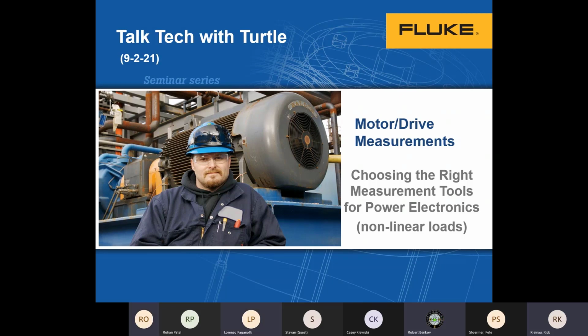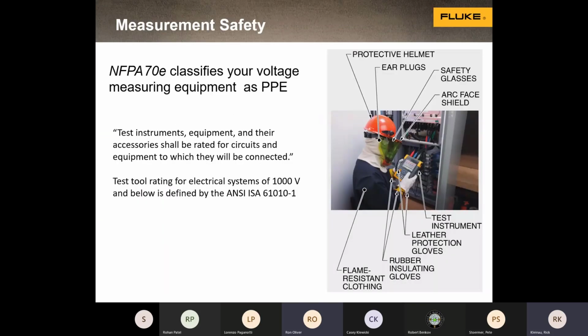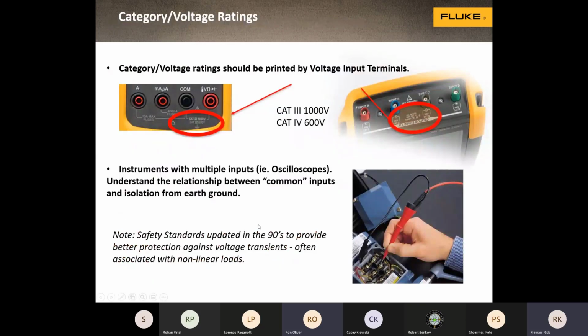Ron has a question. Go ahead, Ron. You brought up earlier about the scopes and the connection and whether or not they're isolated. You mentioned that the reference connections are all connected together. Did I understand that correctly? Yes, depending on the scope. If something was listed as having isolated inputs, does that mean that the references are still connected?